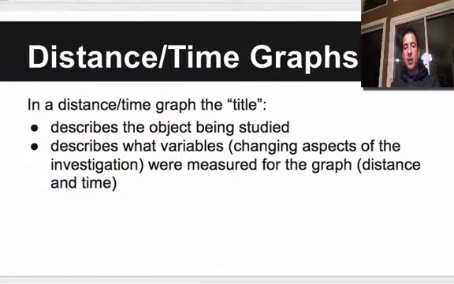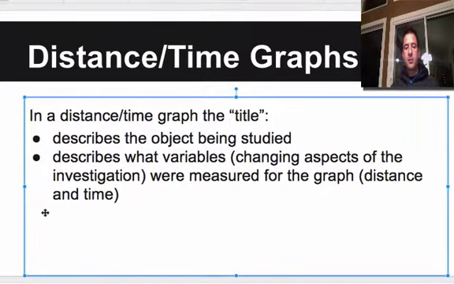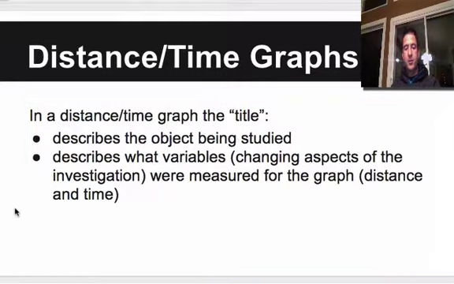In a distance time graph, the title, which is written at the top, is going to give us some information. One, it's basically going to tell us what we're studying. Sorry guys. So I have my axes and then I write my title right here.